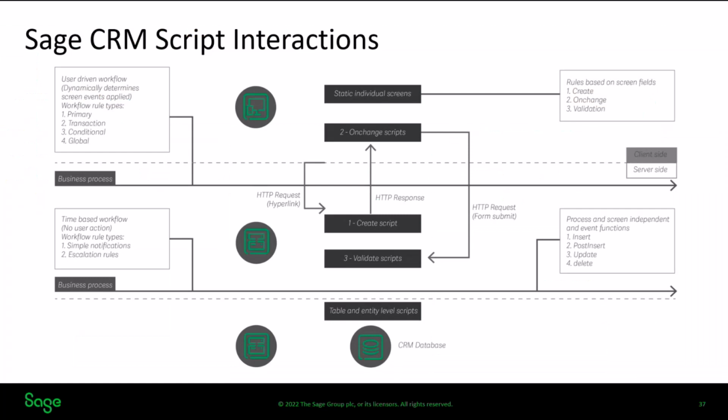And this is where we start to think about how all of these rules start to interact. So there's complexity here. As we start to look at the definition of business rules within Sage CRM, we're going to see that there are rules that we can express in the context of the screen, and that screen is going to be managing the HTTP request response cycle.